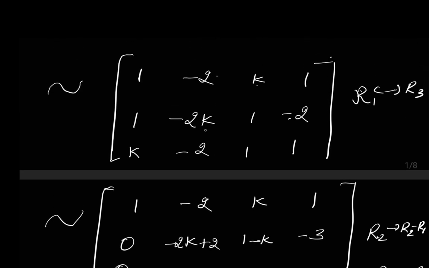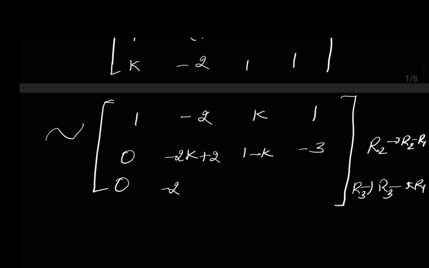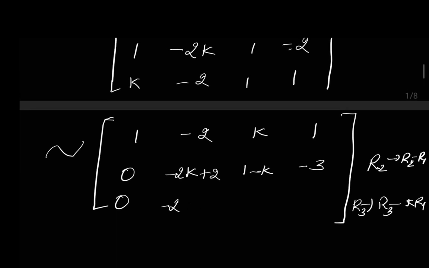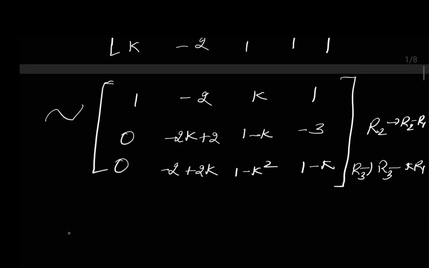If you multiply this by k, minus 2 minus 2k becomes minus 2 minus k, so this becomes plus, so plus 2k. Then R3 here is 1 minus k, and already this is k, so 1 minus k squared. And R3 here is 1, multiply R1 by k, so 1 minus k. This is the second one.